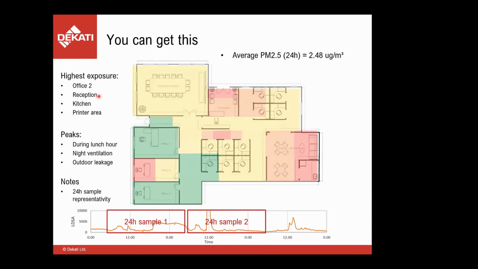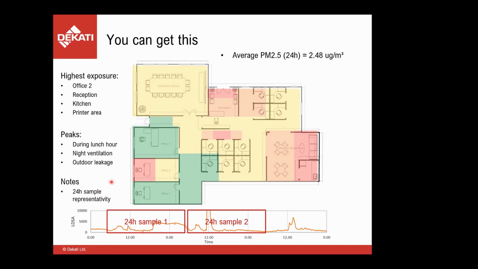So what you could gain from these types of measurements is, when you have the real-time data and spatial resolution in the measurements, you could see what are the areas that have the highest exposure for workers, and timely when it's peaking, for example lunch hour, night ventilation, outdoor leakage, how the ventilation system works.